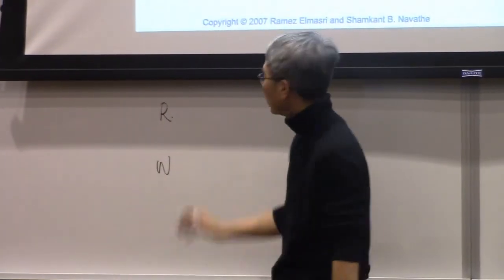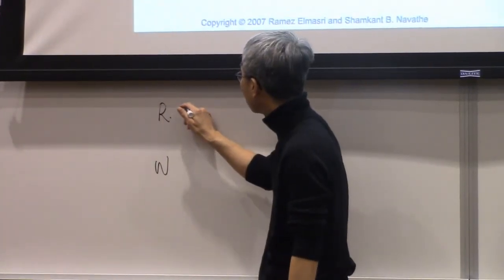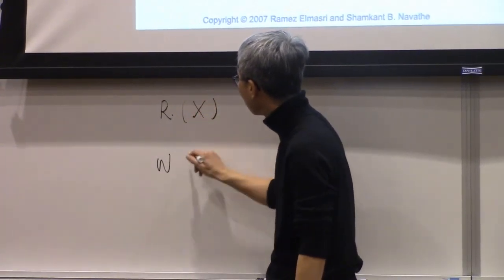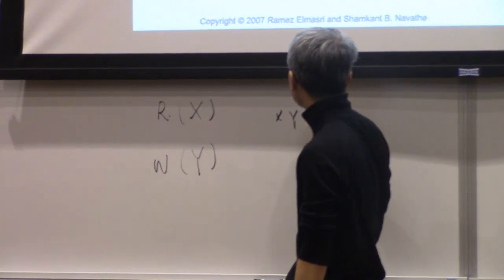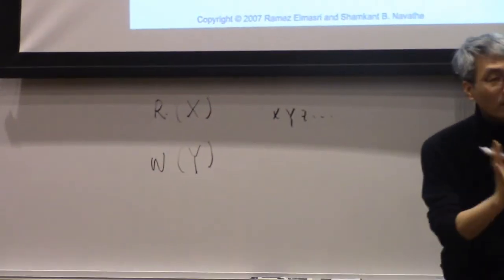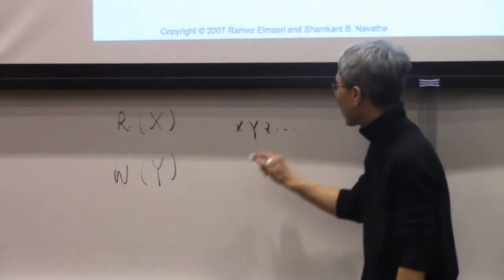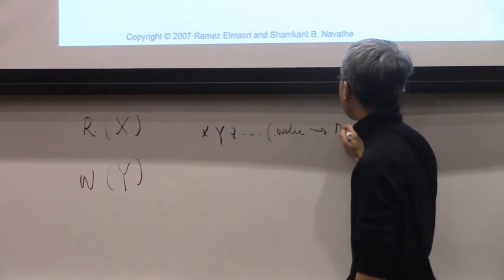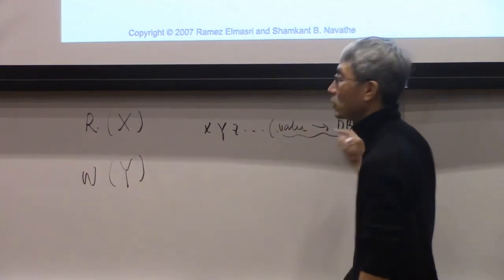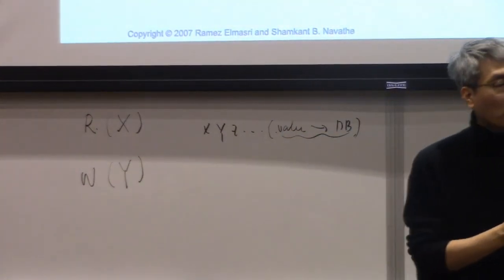At that time you can write X, Y, Z, just one granular database object. It can be from the value level to the entire database, so it doesn't matter what the granularity is.